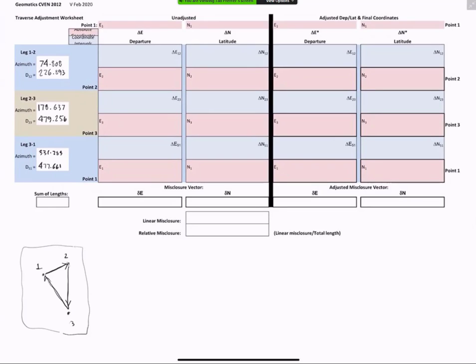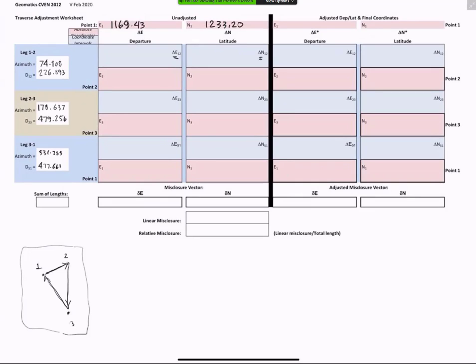And in this case, those coordinates are 1169.43 and 1233.20 in the north. Now, let's go through the process. For each one of these, I am going to calculate the delta east, that's the departure, and the delta north, that's the latitude.